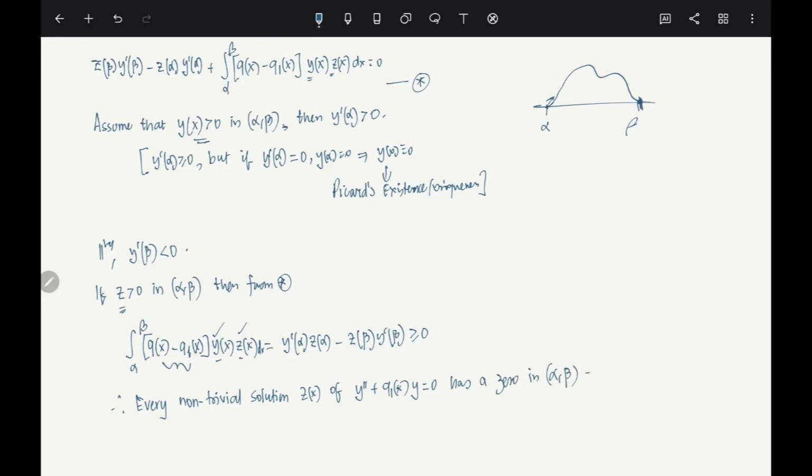By the way, this is a very important theorem, Sturm's comparison, so please remember this. Let's do a quick corollary of this theorem.